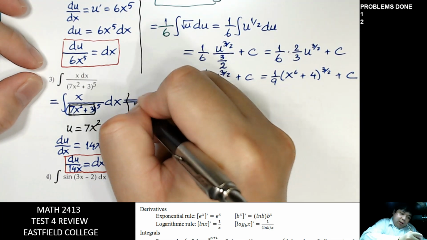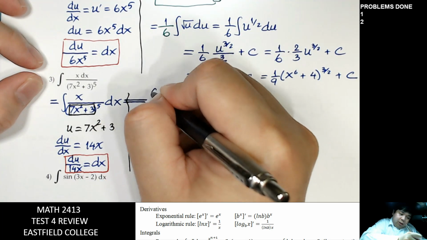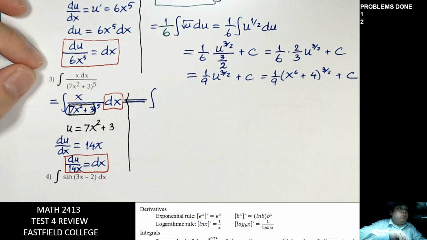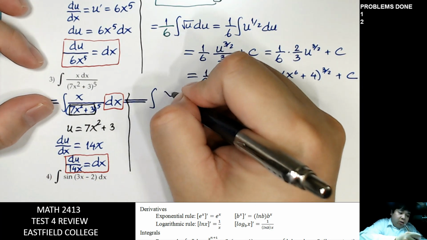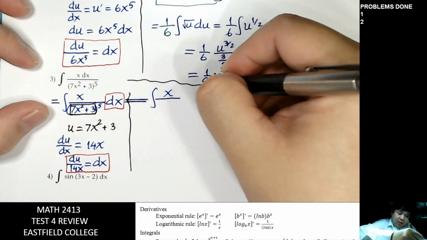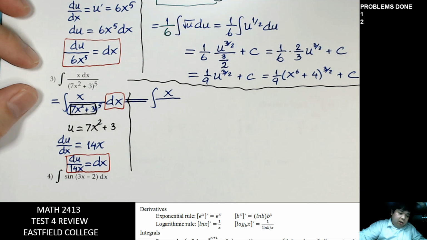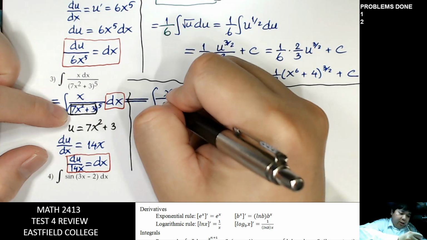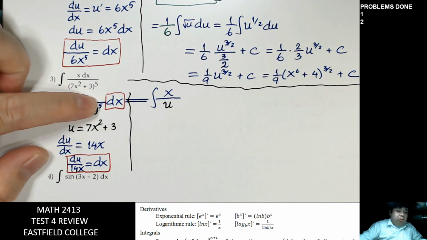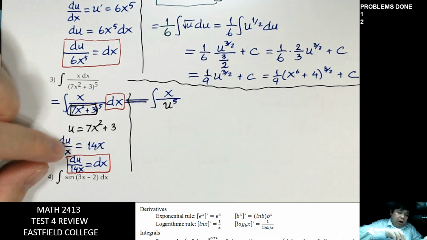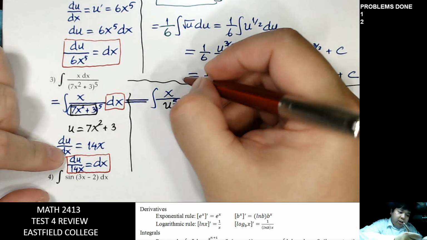Now we put everything in it. x on the top still the same, just divide this. The bottom will be u. We still have the 5th power. dx is du over 14x.